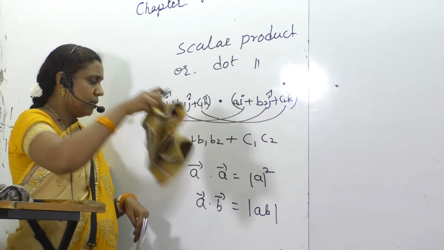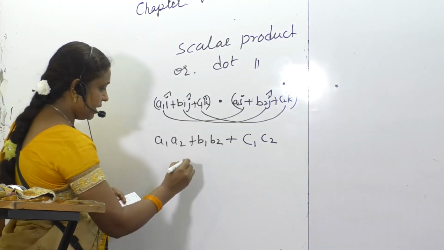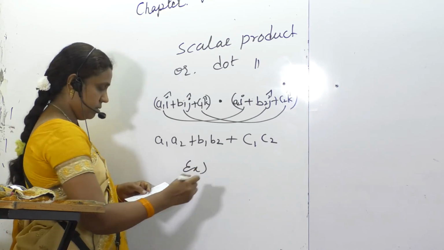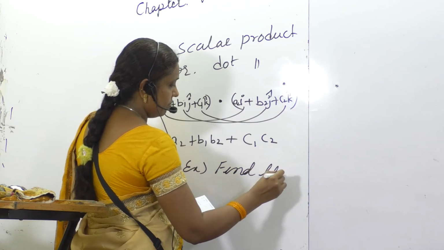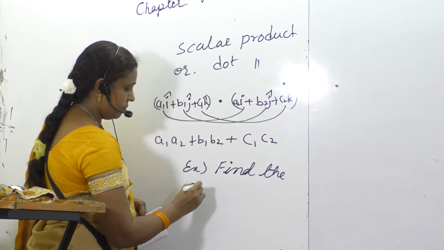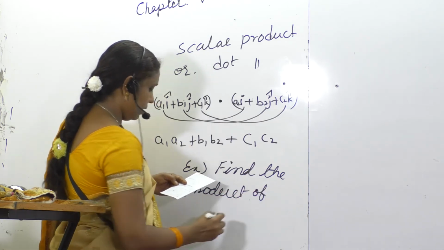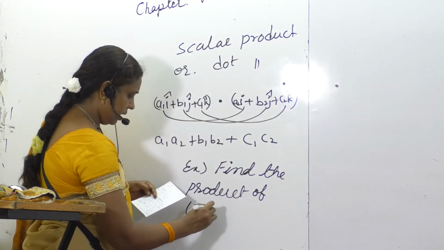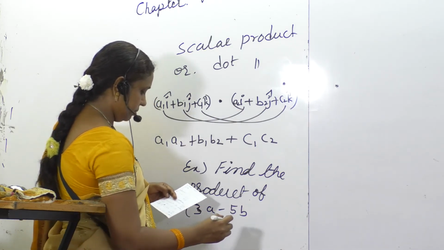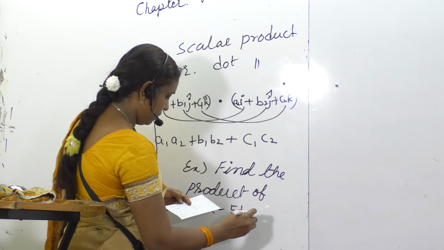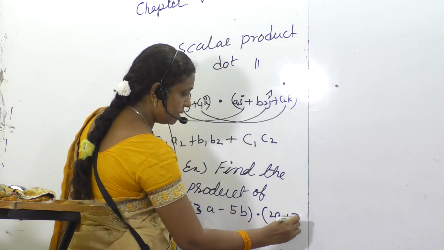With this we have one question that let me write. Find the product of 3a minus 5b dot 2a plus 7b.